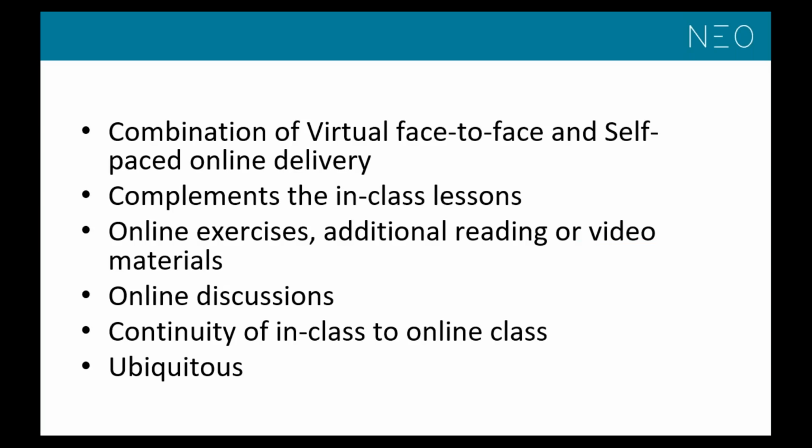So what are those online exercises? It could be a virtual quiz, it could be a discussion forum, and you can also add additional reading materials or video materials. It should be continuous, a seamless transition from online to face-to-face, continuity of in-class to online class. So that's how I see blended or hybrid learning.